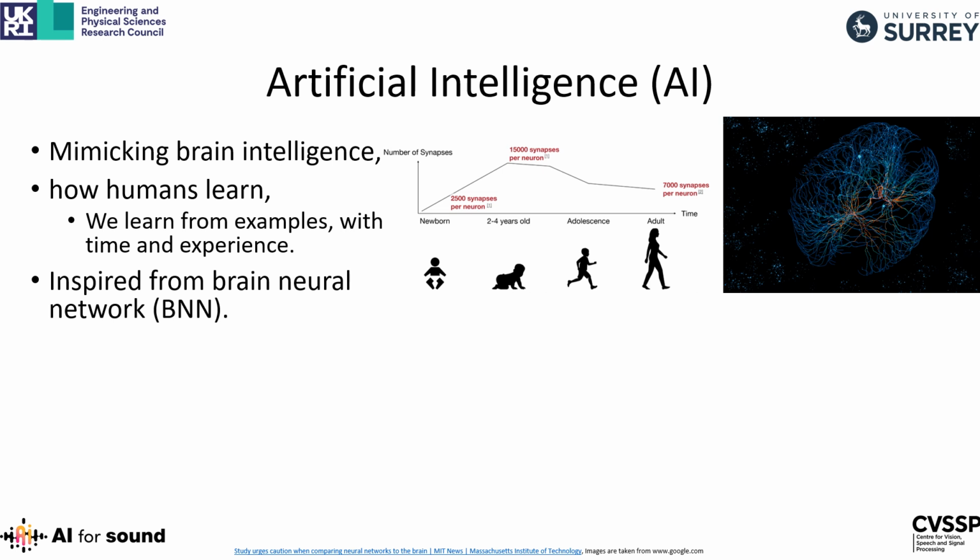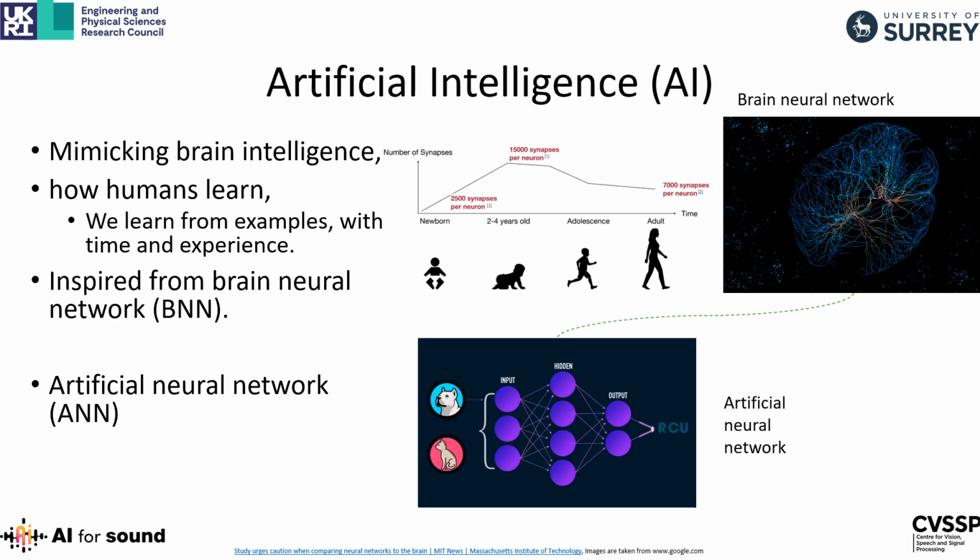With this brain structure of many neurons, where we learn from examples, time and experience, artificial intelligence is about creating a similar neural network structure, called an artificial neural network, which can mimic some tasks that humans do.